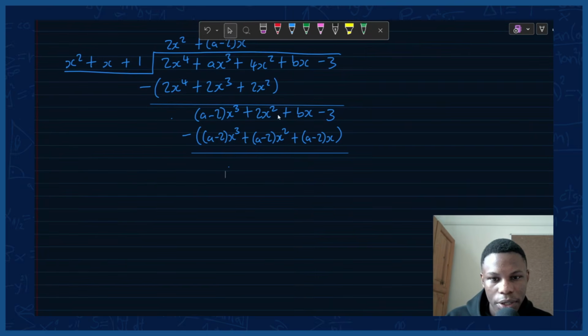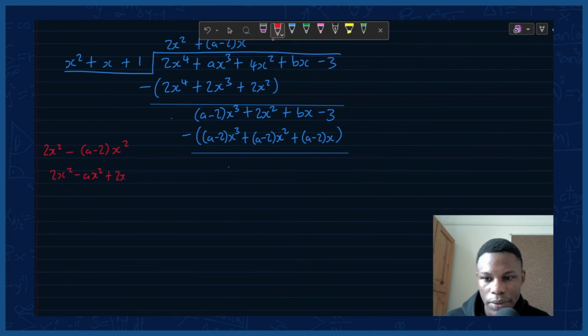Then we have 2x squared minus a minus 2 x squared. Let's do that on the side. This is 2x squared minus ax squared plus 2x squared. So 2x squared plus 2x squared is 4x squared, minus ax squared. Pulling out the x squared, this is 4 minus a x squared.